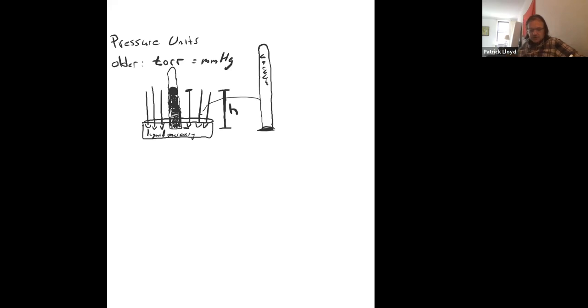So how high up does it go? That height is directly proportional to this pressure. I'll call it external pressure. It's the atmosphere, right? It's atmospheric pressure, but we'll call it external. So the height of this mercury is directly proportional to this external pressure.